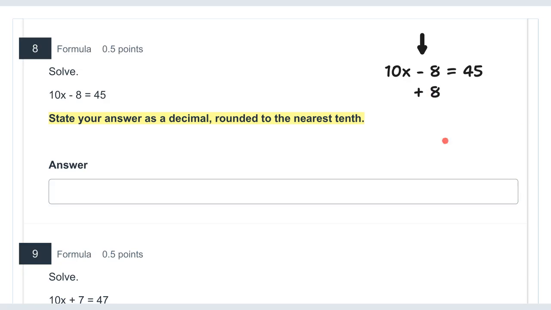When I do plus 8 on this side, I'm going to be left with 10x because these 8's go away. Since I did plus 8 on this side, I better do plus 8 on the right side here.